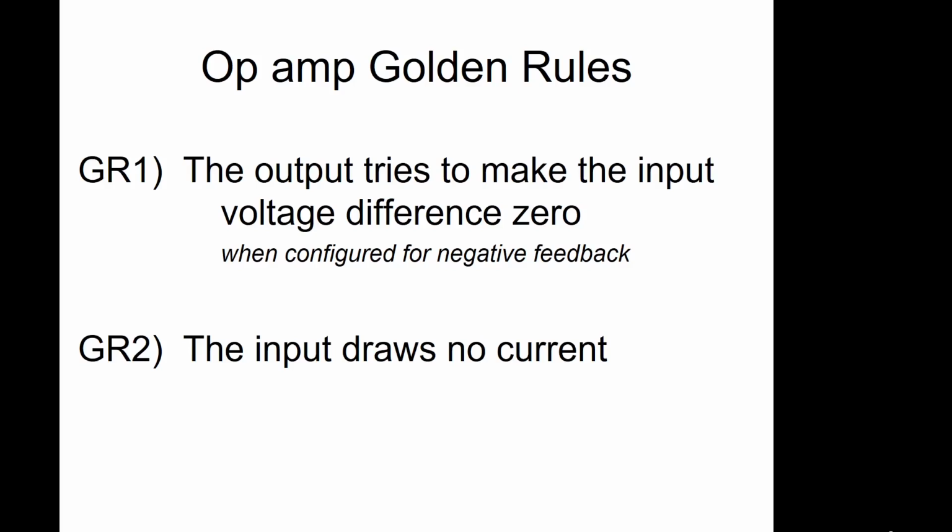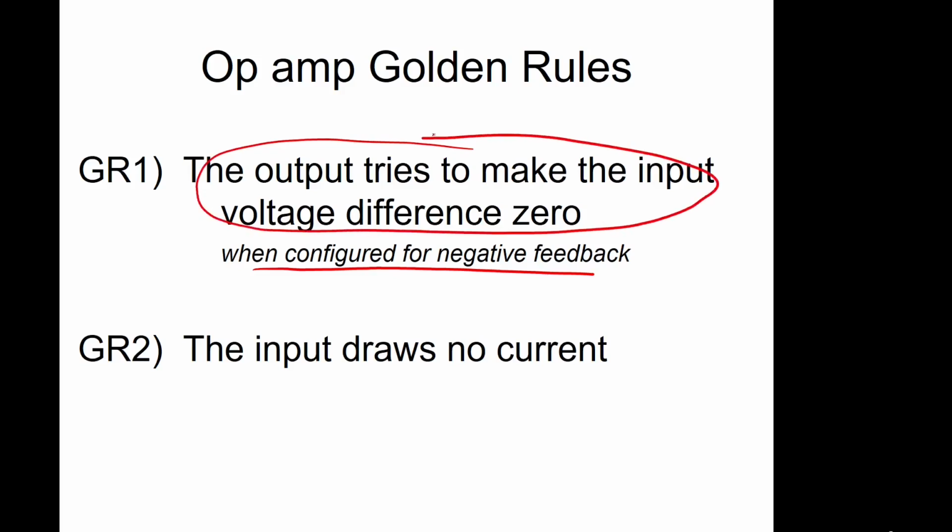And the golden rules state this. When configured in negative feedback, so when you have connected the output to the inverting terminal input of the op-amp, then what the op-amp tries to do is make the input voltage difference 0.